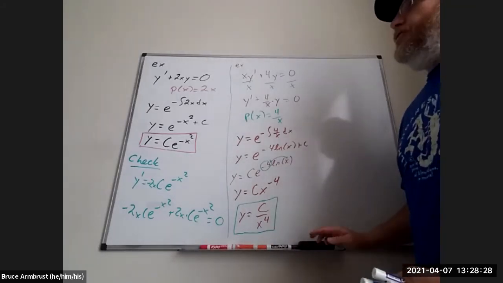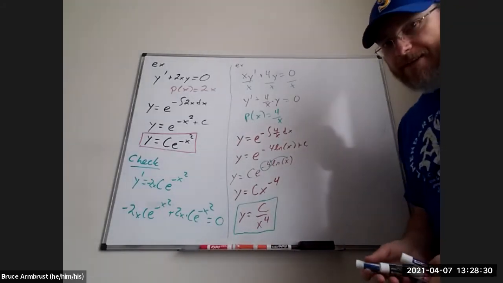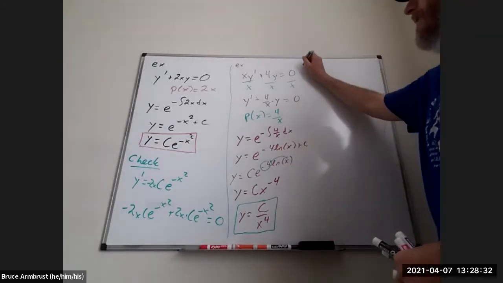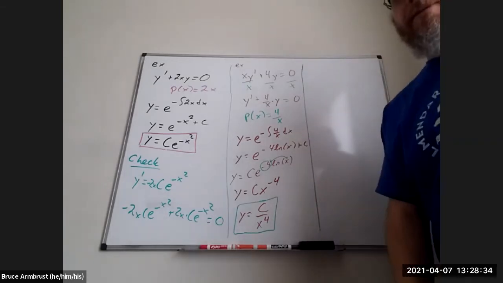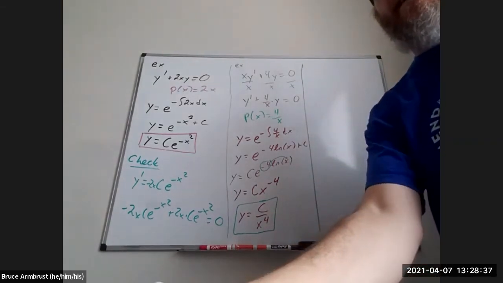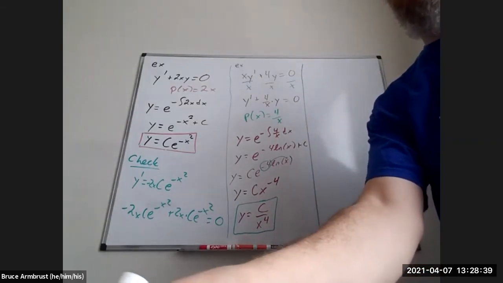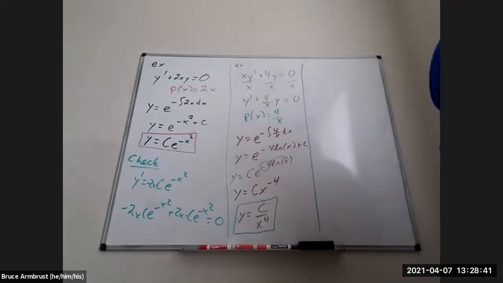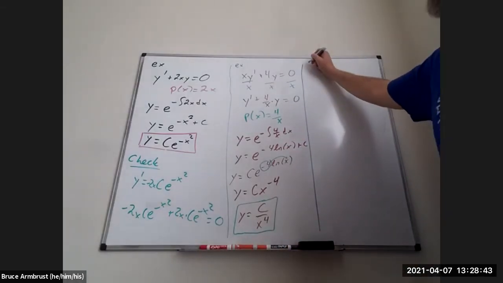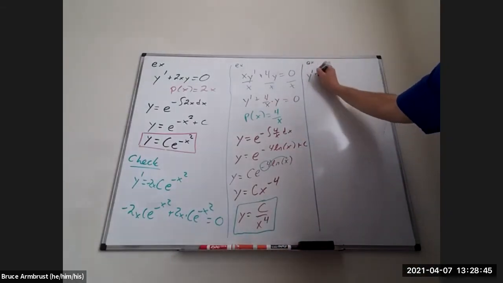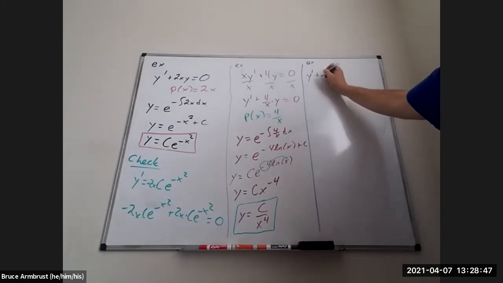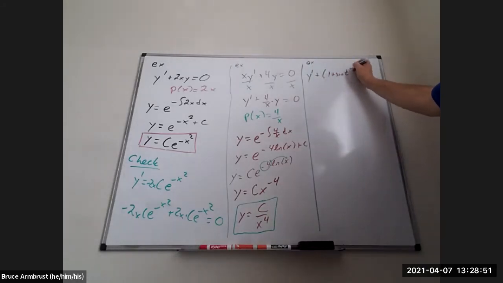All right, well, let's make it tricky. He says, not really meaning it. Because here's what I'm going to do. We're going to do one more, but this time I'm going to be cruel. And I'm going to make it an initial value problem. So let's say we got y prime plus 1 plus sine of t times y equals 0.